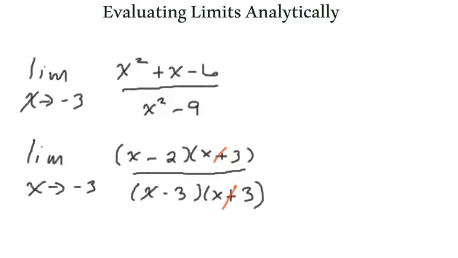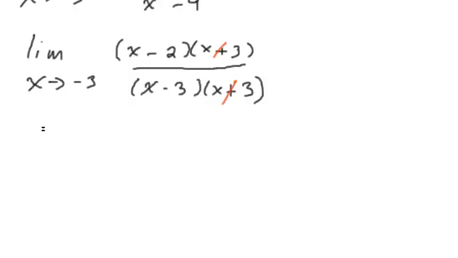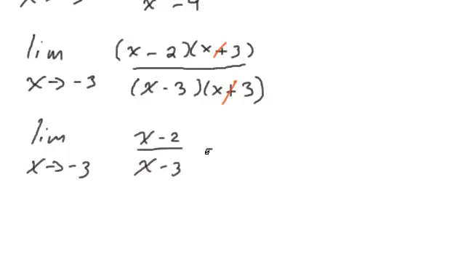Now I'm going to rewrite this limit. So we have the limit as x approaches -3 of x minus 2 in the numerator and x minus 3 in the denominator.